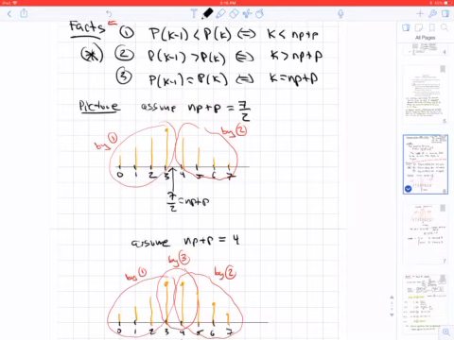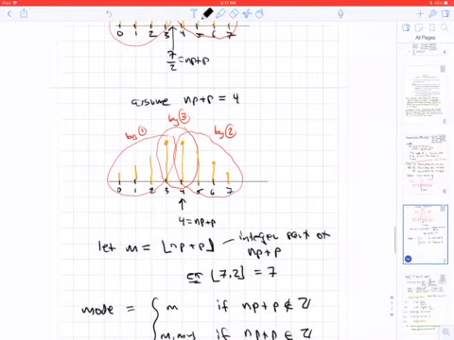Now, when k is an integer, right? K is a whole number. So when k is less than 7/2, then we're increasing. So that's what I've shown here by 1. And then when k is greater than 7/2, it's decreasing. So that's what I've shown here by 2.